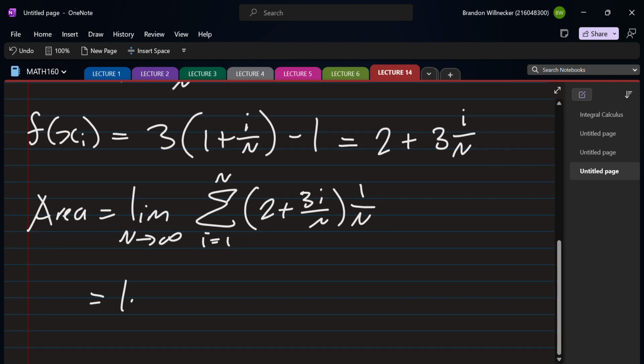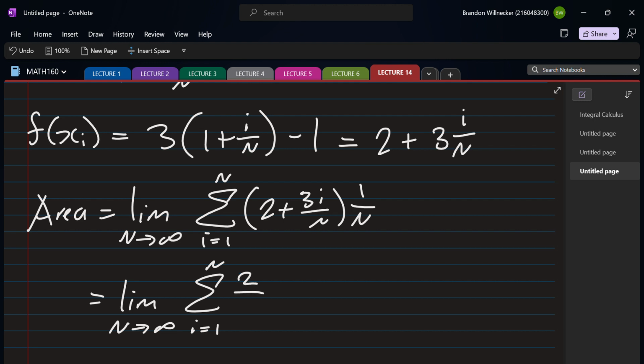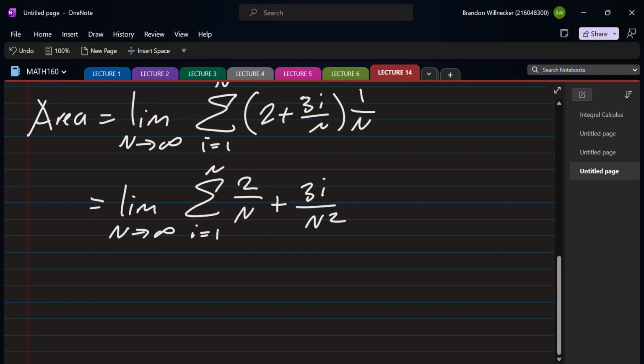So this will be the limit as n goes to infinity, the sum i = 1 to n. Now we can distribute that delta x inside. So it's going to be 2 over n plus 3i over n squared. At this point we can expand the sum into individual terms and then take any constants out of the sum.